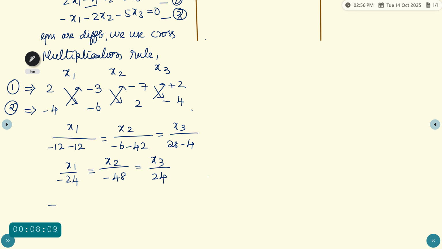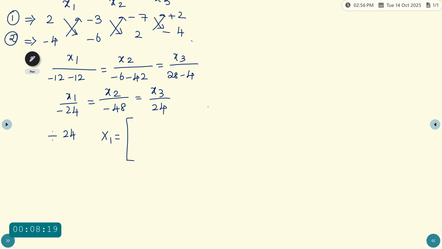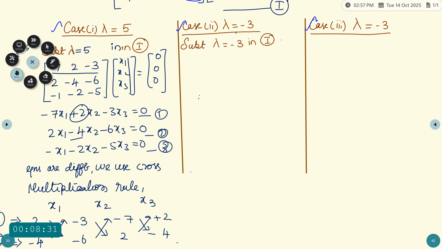So you can divide this eigenvector by 24. You can easily write capital X. Always write the eigenvector column-wise: minus 1, minus 2 and then 1. This is the eigenvector for lambda equal to 5.